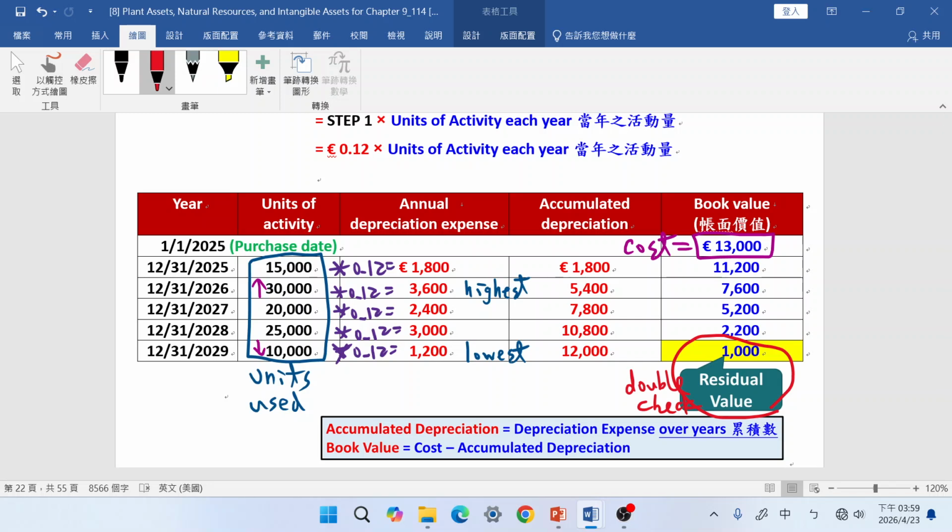After you finish the tables, then you can use the table to do all the things. Okay, so don't forget, the table can help you to do everything. Prepare your journal entries, prepare your financial statements.